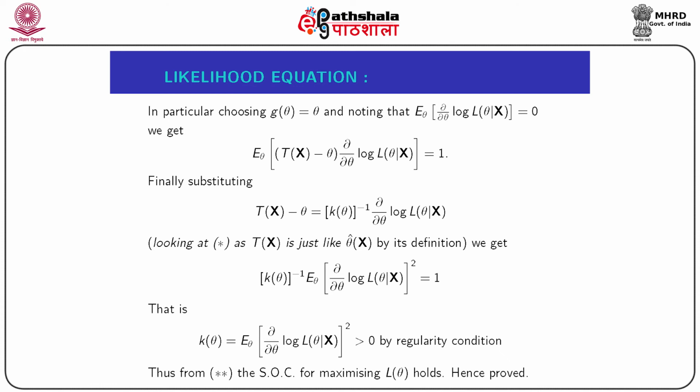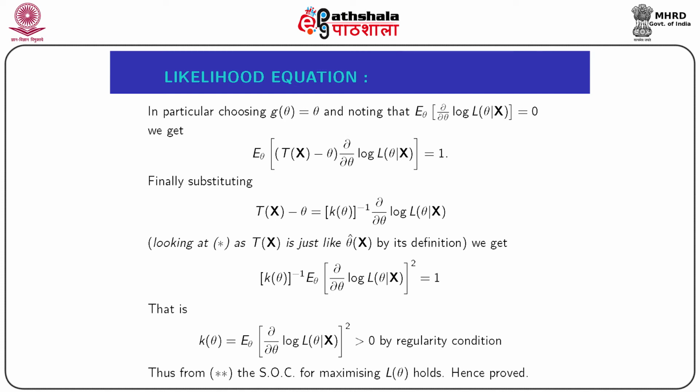If we look at the expression star, then T(x) behaves like theta hat(x) by its definition, and substituting T(x) minus theta equal to k(theta) inverse times the partial derivative of log L(theta; x), we get from triple star that k(theta) inverse times the expectation of the square of the partial derivative of log L(theta) equals 1. That is, k(theta) equals the expectation of the square of the partial derivative of log L(theta; x), and naturally it is greater than 0 by the regularity conditions.